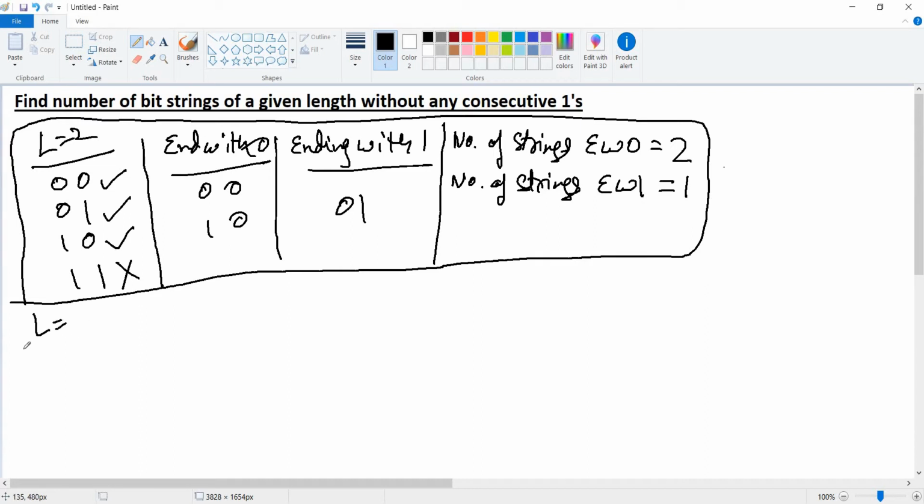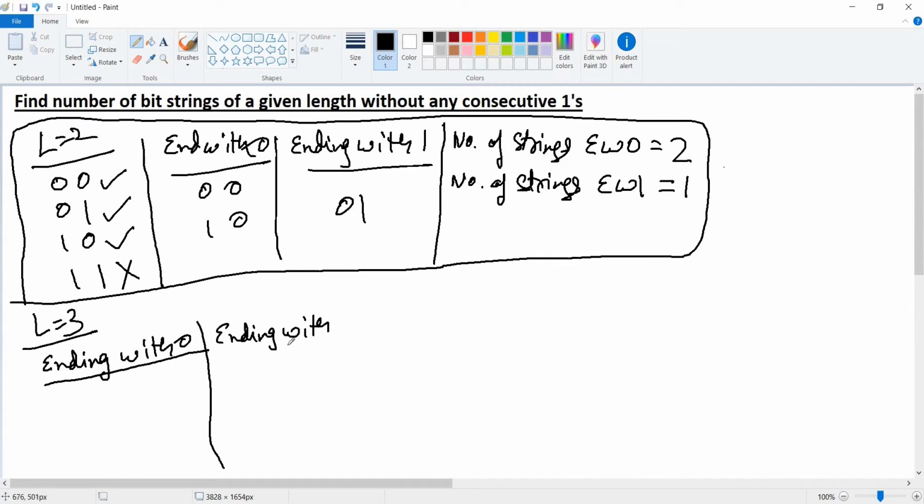So for L equals to 3, a few things you have to observe here, like ending with 0, then we'll categorize ending with 1. Now we have two valid strings here ending with 0, that is 00 and 10. Can we add 0 to these strings? Will it be valid? Yes, we can, because by adding 0 we don't get any condition of consecutive ones.